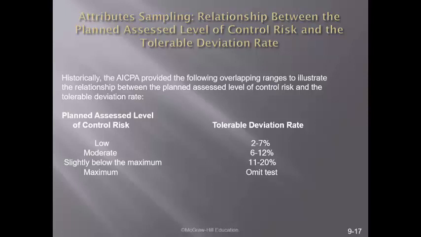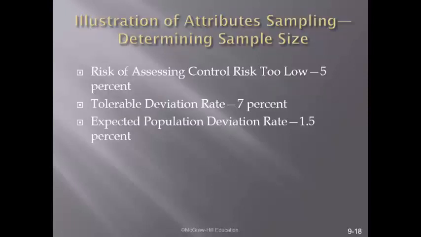The lower the planned assessed level of control risk, or the more assurance desired from the sample, the lower the tolerable deviation rate. Three major factors determine the sample size for a test of controls: the risk of assessing control risk too low, the tolerable deviation rate, and the expected population deviation rate.